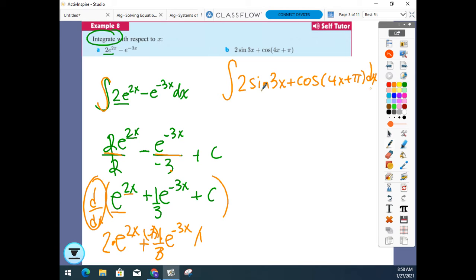All right. So the antiderivative of sine is negative cosine. So I need to keep my 2, my coefficient: negative 2 cosine 3x. Chain on the derivative of the inside with division. Plus the antiderivative of cosine is sine.